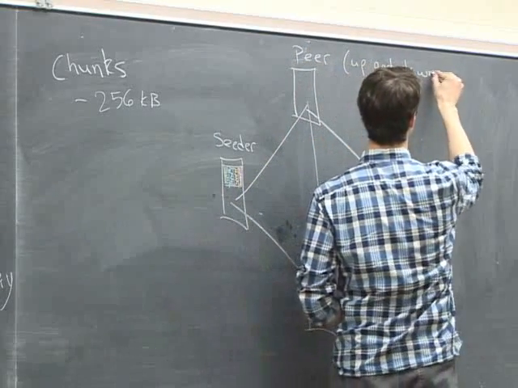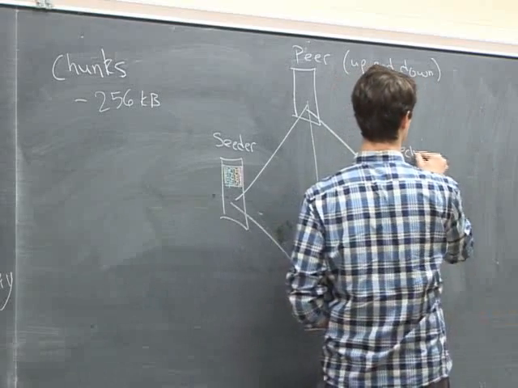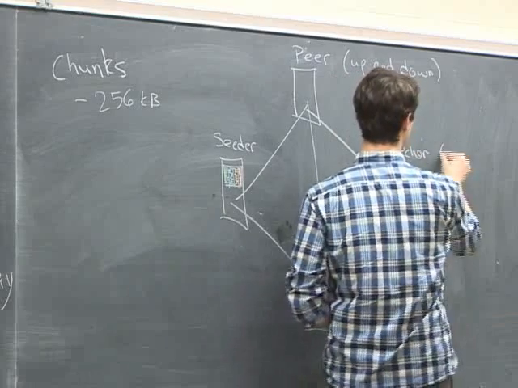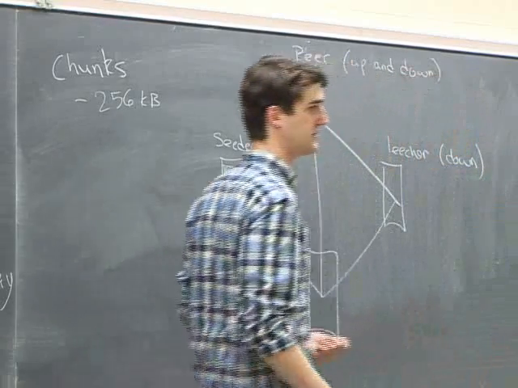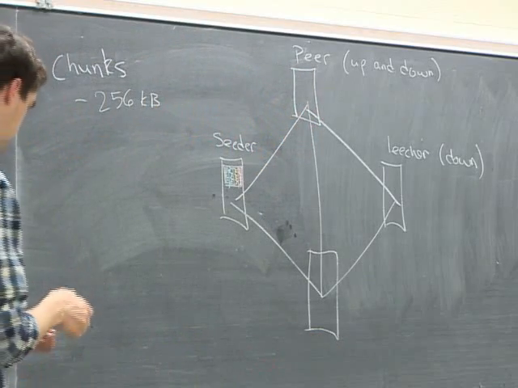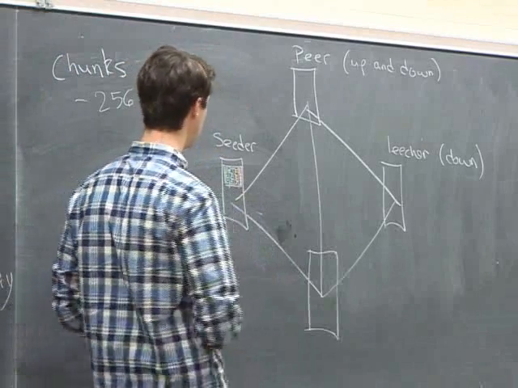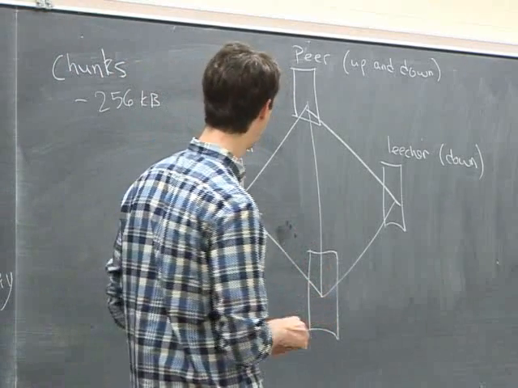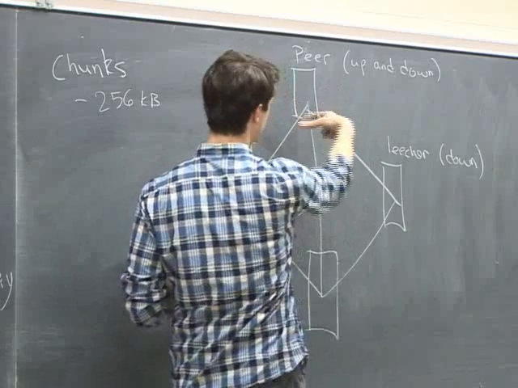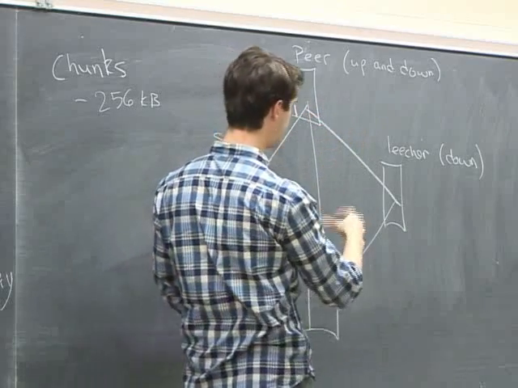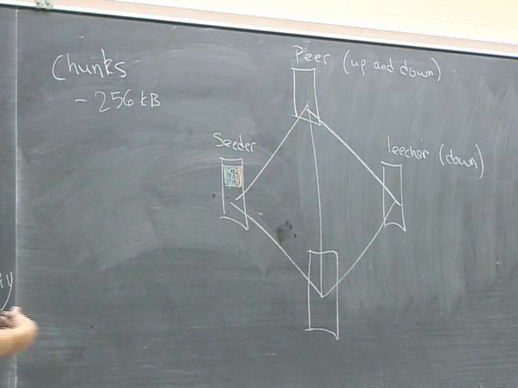And then there are other nodes called leechers. They are just downloading. They're not contributing anything back to the torrent, or anything to other peers, okay? So the way this works is, suppose this node just joined the overlay network. It registered with the tracker and said, I would like to download this torrent.